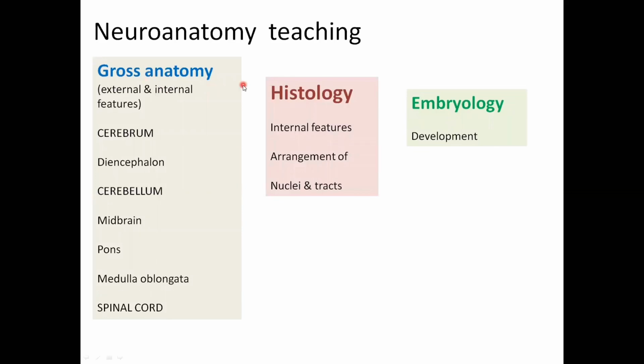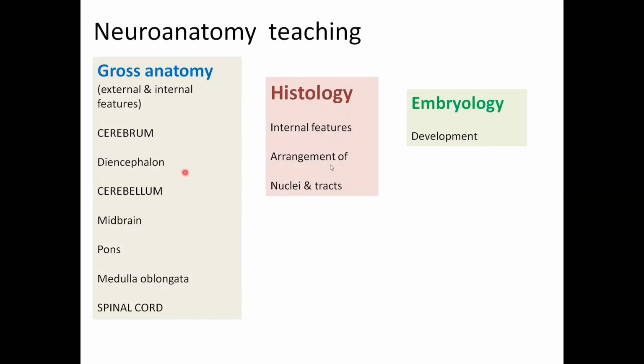In neuroanatomy, in the gross anatomy part, you'll be learning all this either from above to below or from below to above. And each topic you'll be learning under 2 headings, the external features and the internal features. External features are the ones that you can appreciate in the dissection hall using the specimen with your own eye.